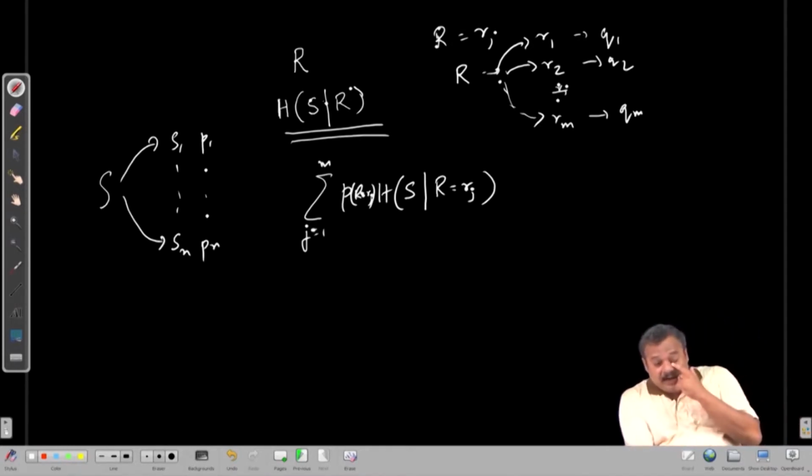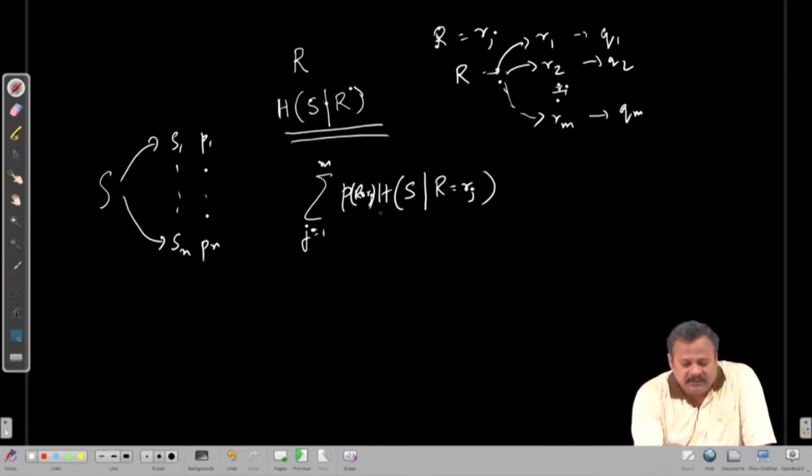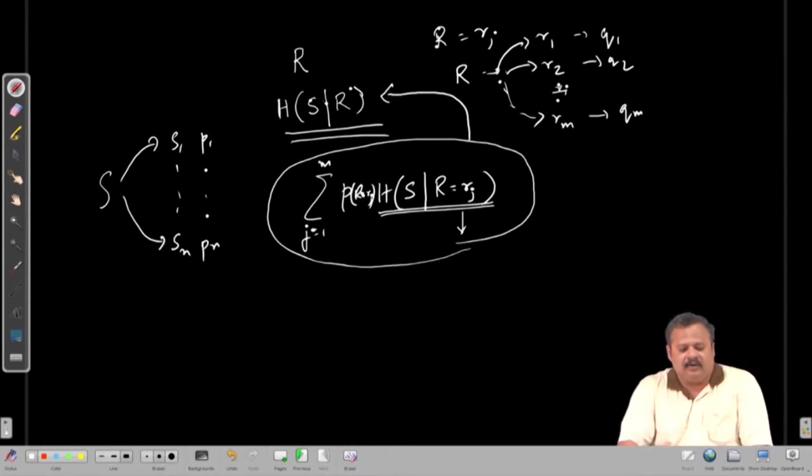So, that is the average uncertainty of the stimulus given the response. This is the uncertainty in S given a particular response R j, and the average of this whole thing is this conditional entropy H of S given R. In other words, here we are looking at the entropy of S given that we know what response has occurred.